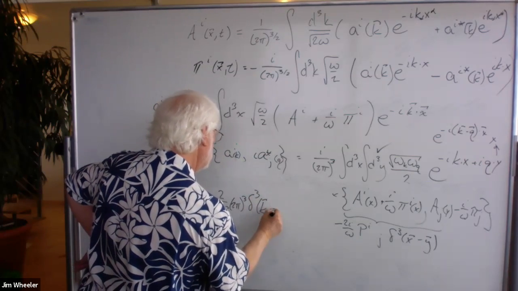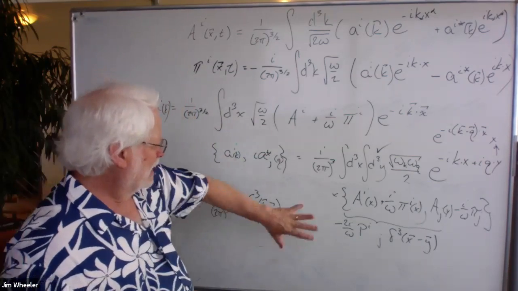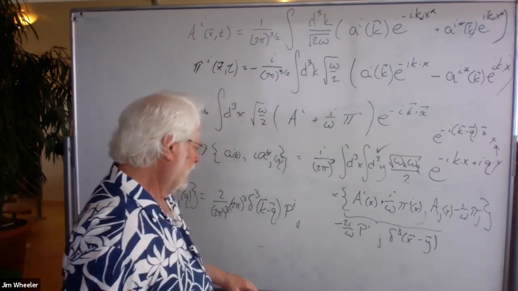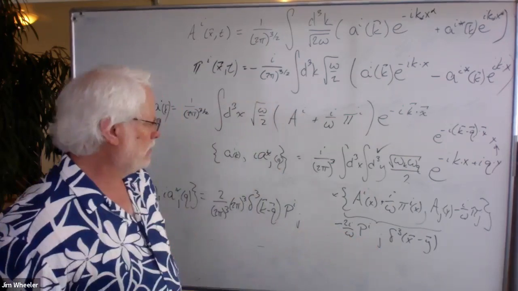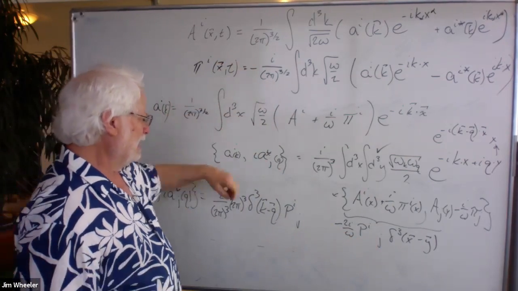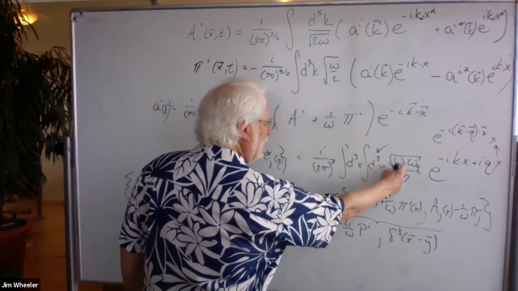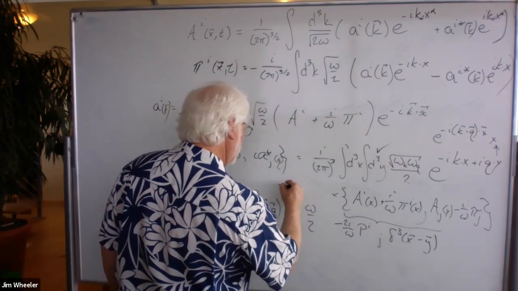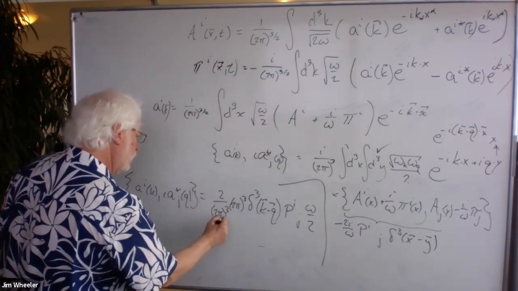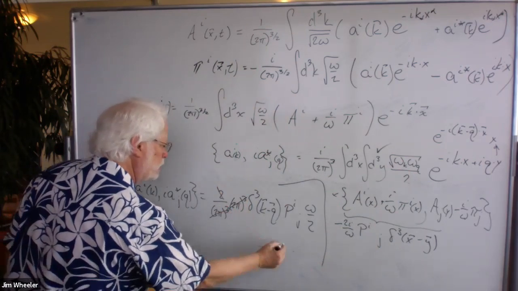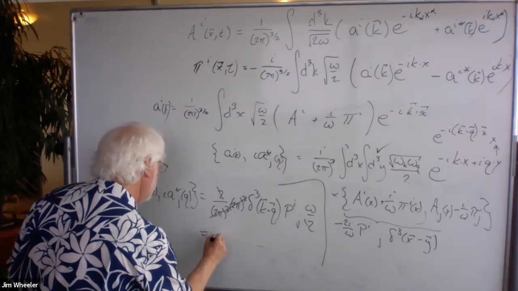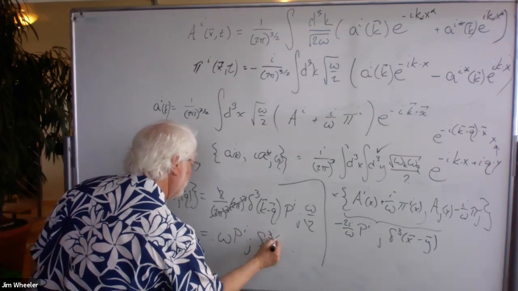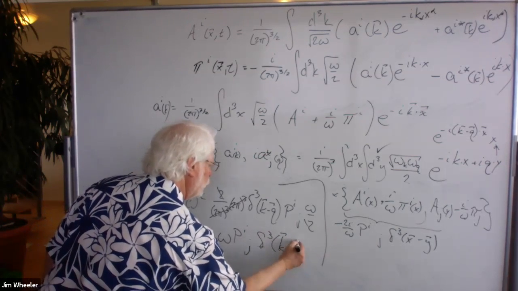And let's see, this bracket leaves us with a Pij. We integrated over that. We pulled out the coefficient, and the omegas become the same. So I think we just get an omega over 2 overall here. And so those go away, the 2 goes away, and we get an omega, a Pij, and a del 3 of k minus q.